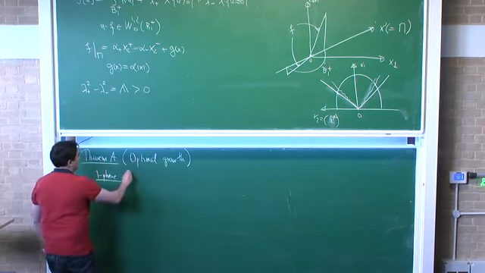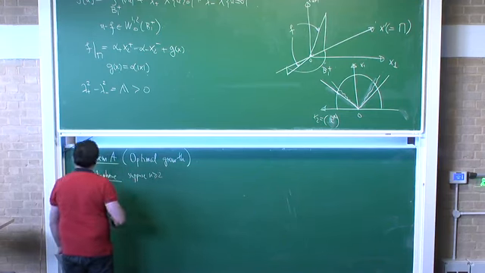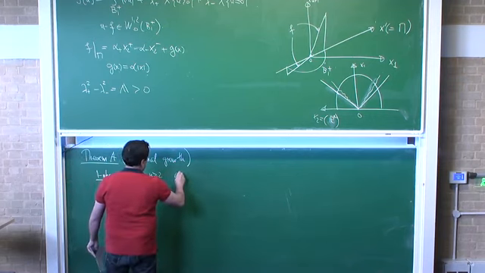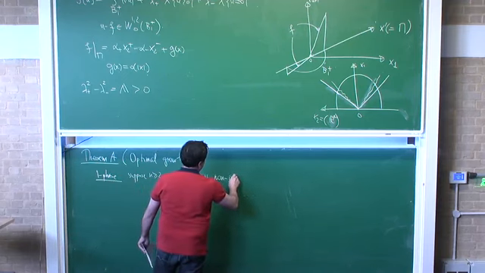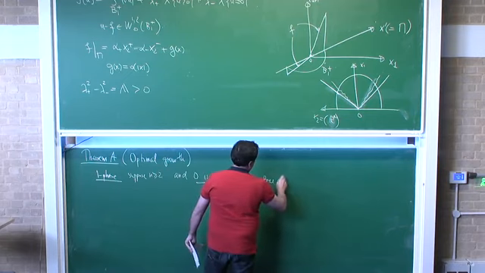So suppose that n is bigger than or equal to 2, and the origin is a non-isolated free boundary point.